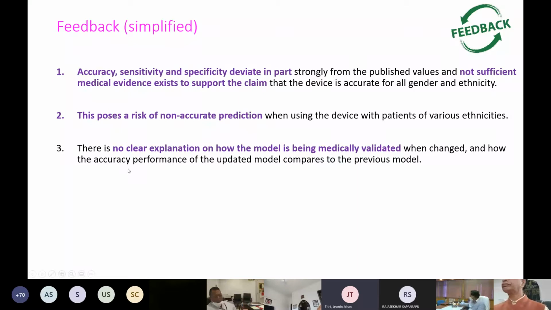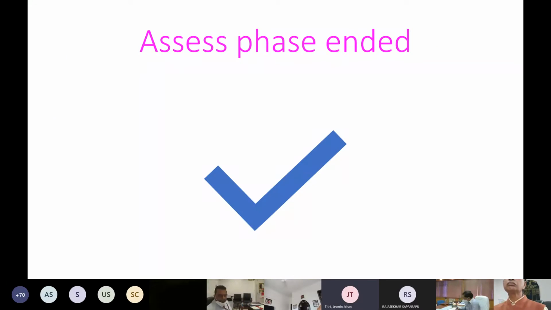There is also no clear explanation of how the model is medically validated when changed, because they were changing their model regularly with new data. It was not mentioned how they validate the accuracy and other measurements, so it was not clear how the performance of the updated model would compare with the previous model. So that ends the assess phase.